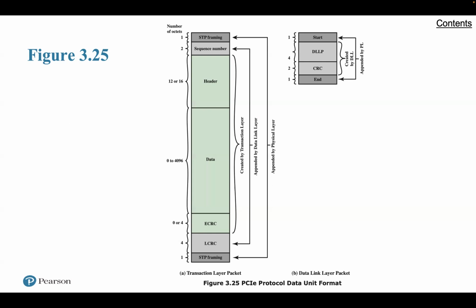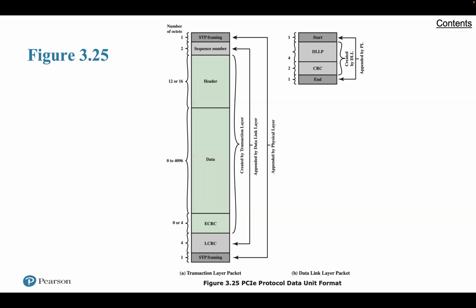And so that's the purpose of the PCIe data link layer, to assure reliable delivery of the packets across a PCIe link. The DLL participates in the formation of the TLPs and also transmits DLLPs. Data link layer packets originate at the data link layer of a transmitting device and terminate at the DLL of the device on the other end of the link.